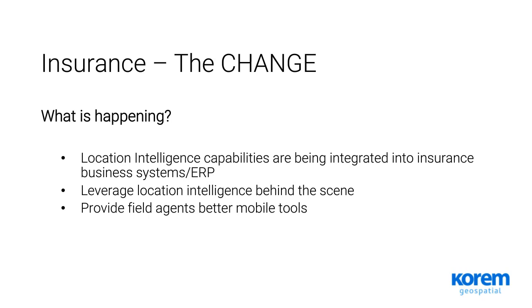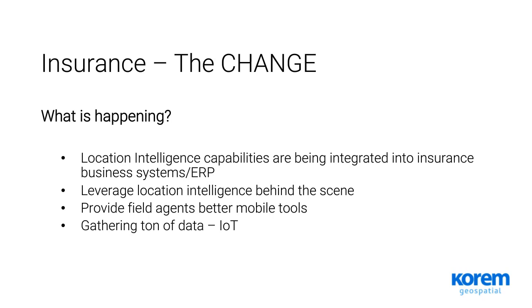Or even better, is the address I have in the system really at the right location? Am I sending my agent to the right house? Those are all questions that you need to ask yourself. And because of the new product offerings, insurance companies are looking to implement more and more, like telematics.